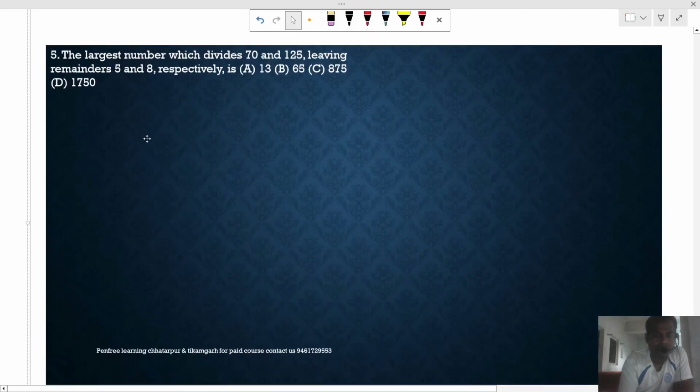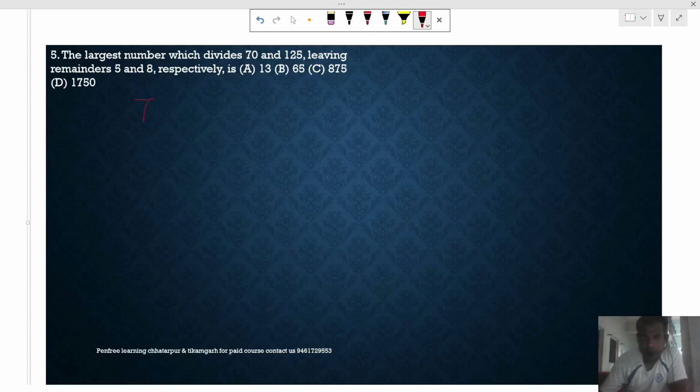So 17 minus 5, the remainder he is calling, that will be 12, and 125 minus 8 is equal to 117.